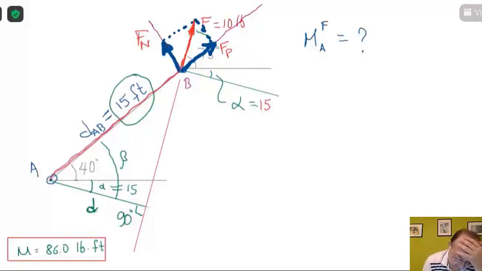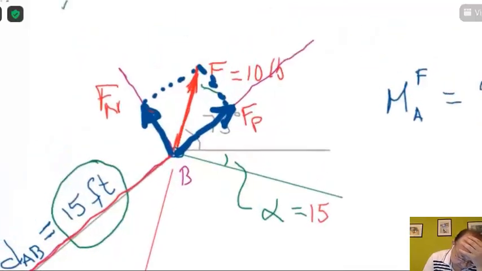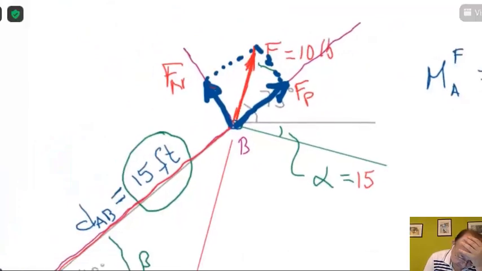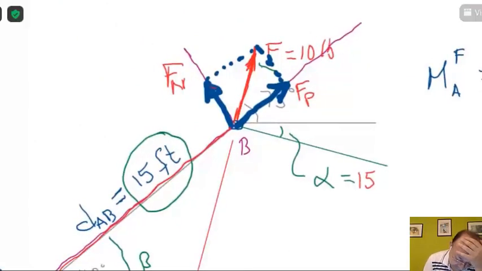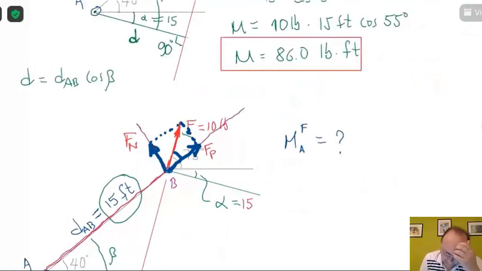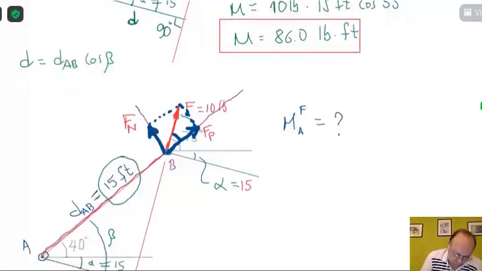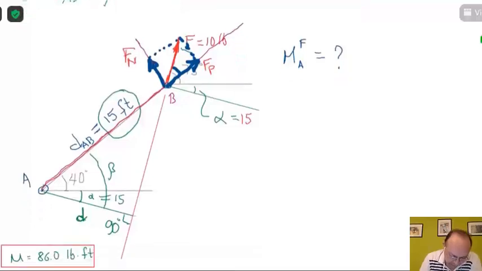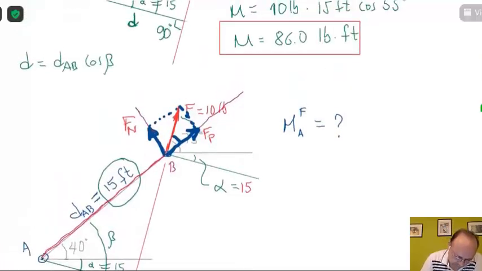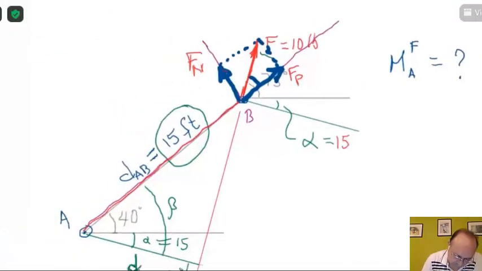We know that, let me increase the size here so we can see for a second what the angles are. So we have 75 degrees as the angle from the force F to the horizontal. Now we need to get this angle right here. What is that angle right here? Let's make it very big so we can see it.